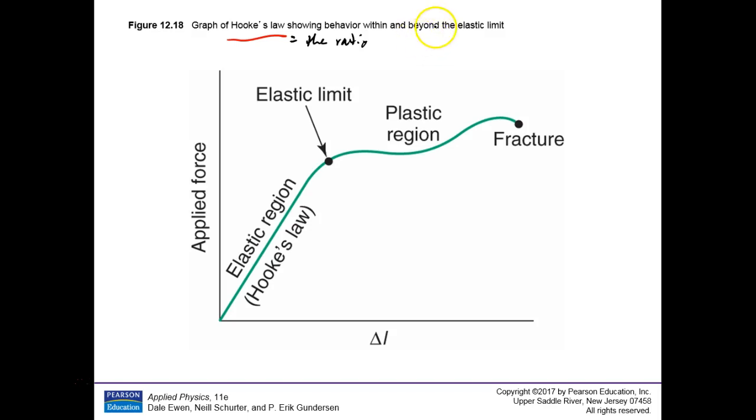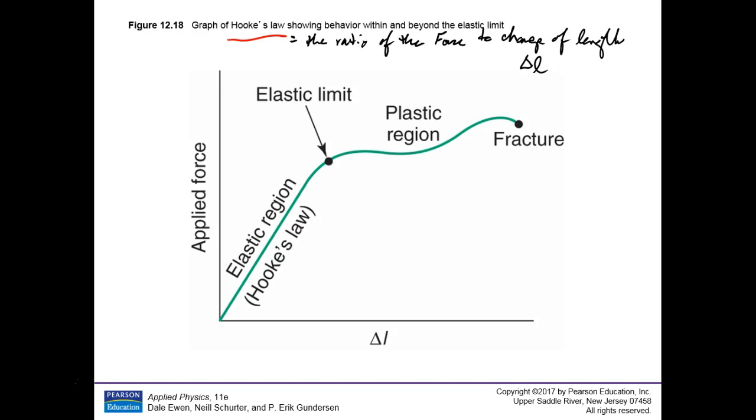So the ratio of the force to the change of length, because when you stretch something or compress something, you're changing its length. Now the symbol for change of length is delta L. Delta means difference in L. How much did that length change?